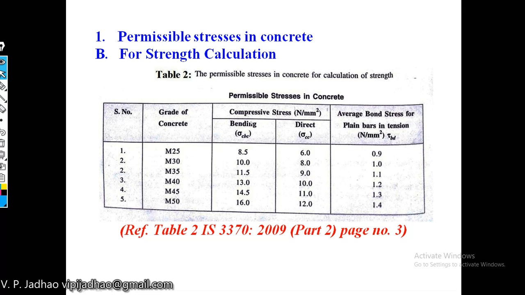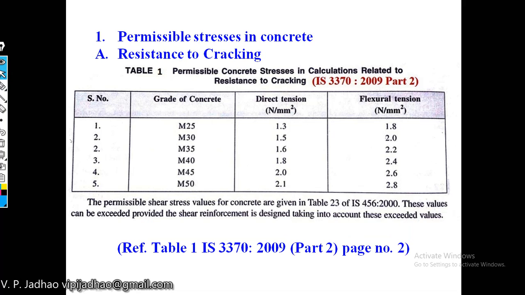I think you are more familiar with sigma CBC, the permissible compressive stress in concrete in bending. Sigma CC is the compressive stress in concrete in direct compression, whereas tau BD is the bond stress in the concrete. All these terms are already covered in your RCC 1.